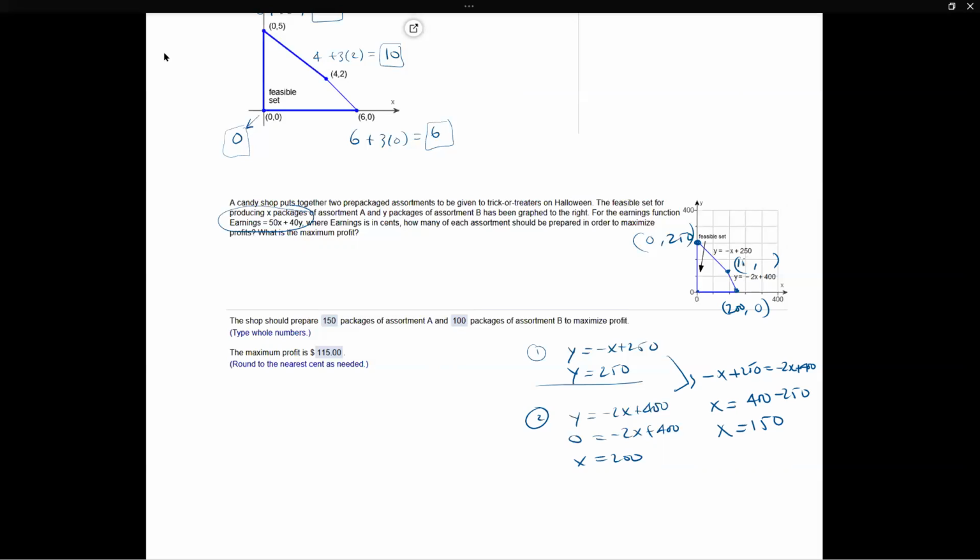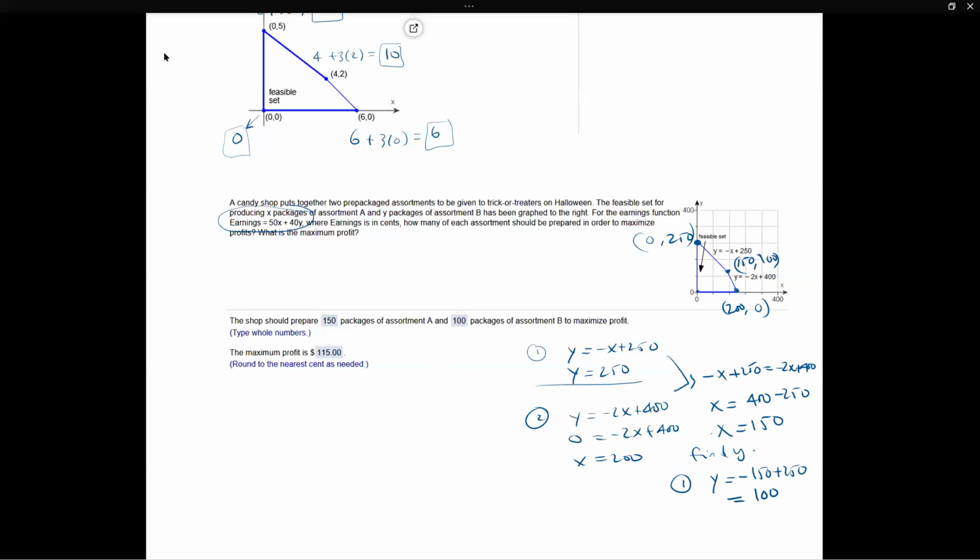So x is 150, and let's use this 150 in number 1. Now that x is 150, we need to find y. So in 1, y equals negative 150 plus 250, which equals 100.